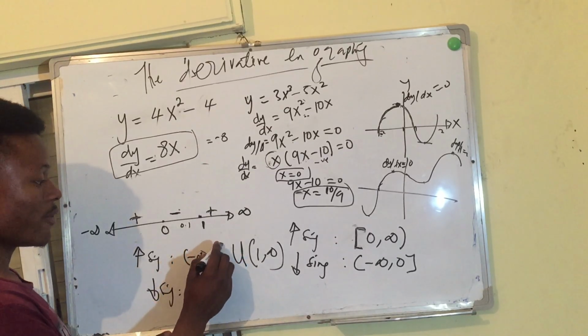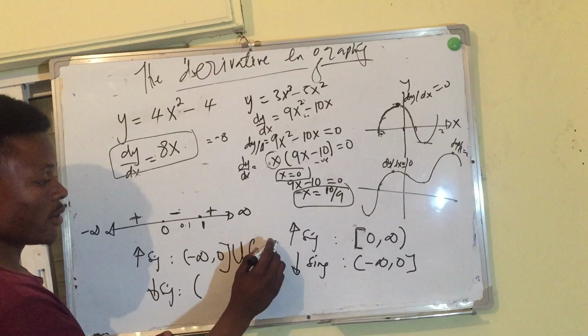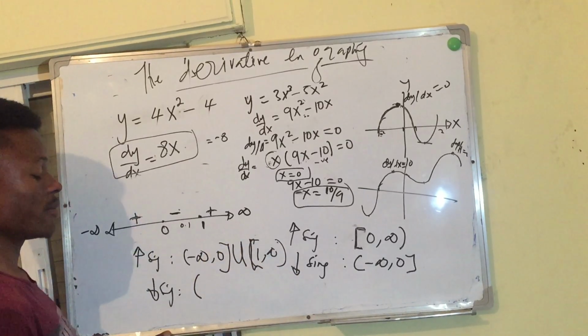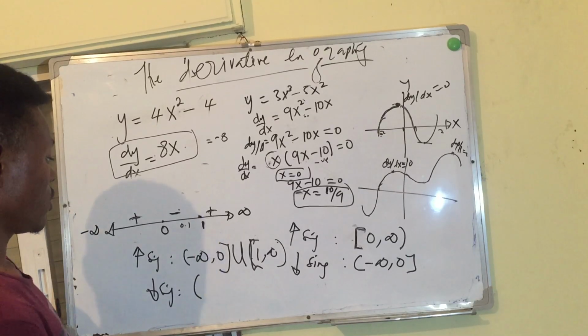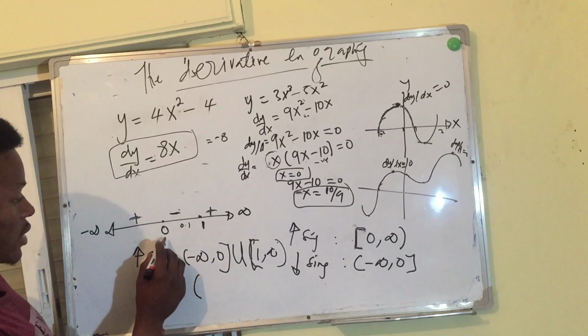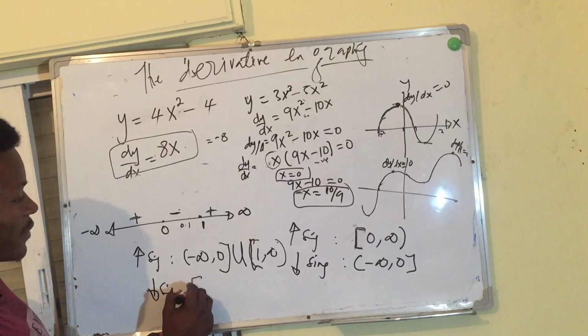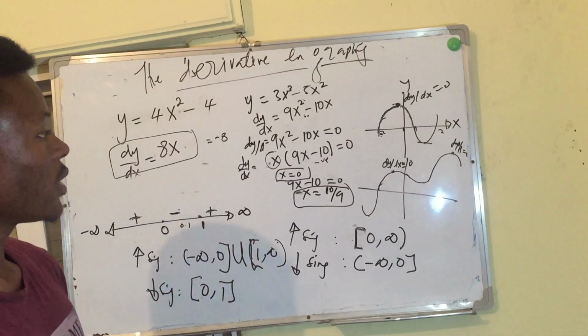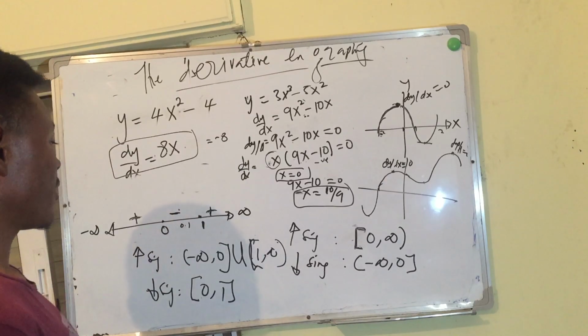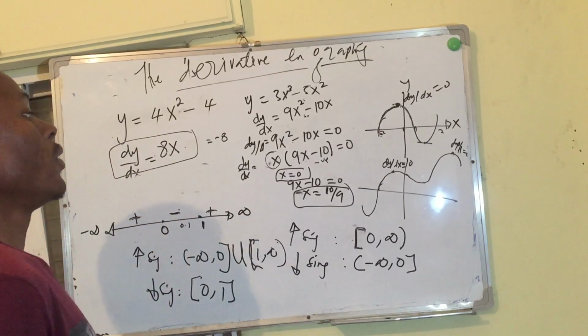Here we have square brackets because the graph is defined at 1 and also at x equals 0. So it is decreasing on what interval? From 0 to 1. So this is what is happening to a graph like this.